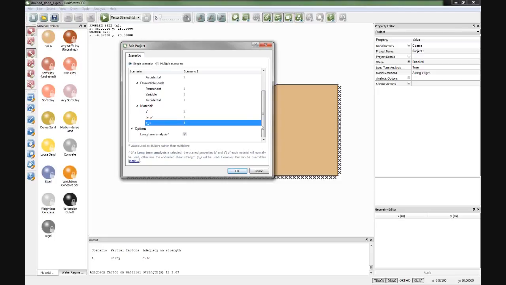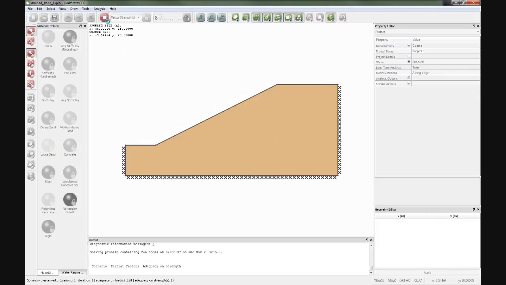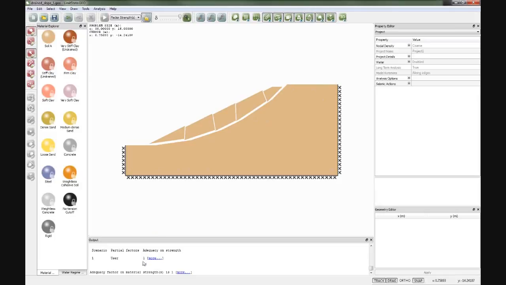Just to illustrate effectively what we're doing, if I click on user here, I change these values to 1.63. If I pre-factor c' and tan phi' by 1.63, so the software will pre-factor the properties that way, then we should get a result, an adequacy factor of 1, or a factor on strength of 1, which we do here.